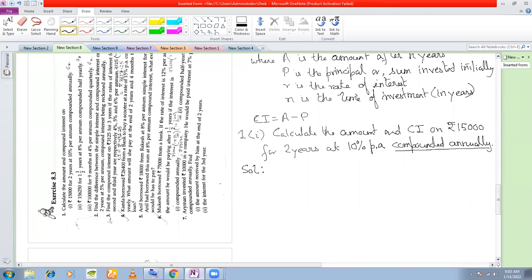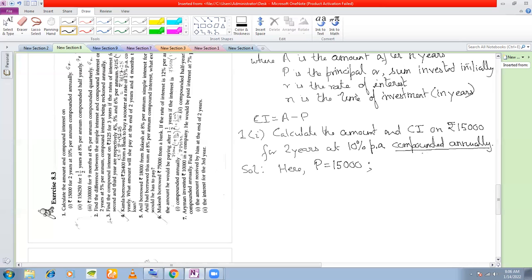So here, in order to solve this problem, calculate the amount and compound interest on 15,000 rupees. Our principal is clearly 15,000 rupees. Compounded annually means per annum, per year.